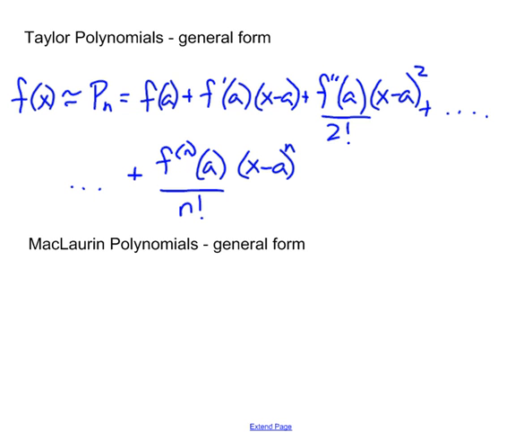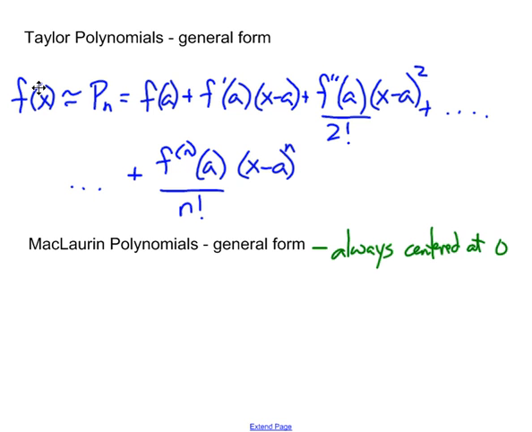Now, what we were doing a moment ago was all at 0. So let me go down to the Maclaurin polynomial. Maclaurin polynomials are always centered at 0. Our Taylor polynomial is centered at a, so that can be any number.